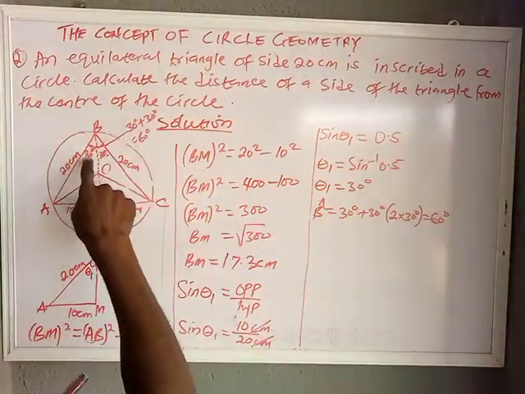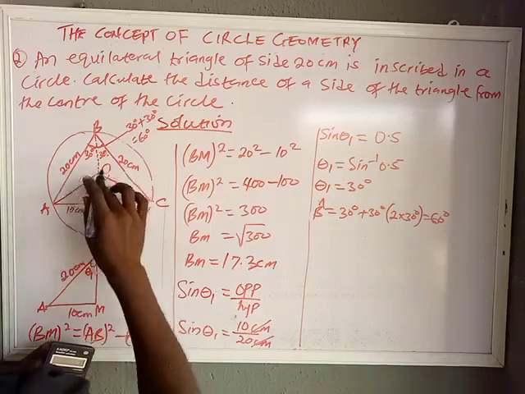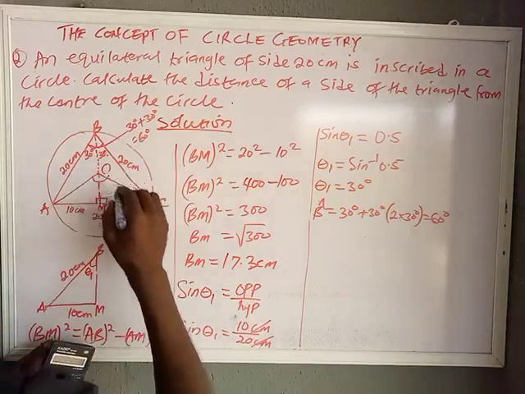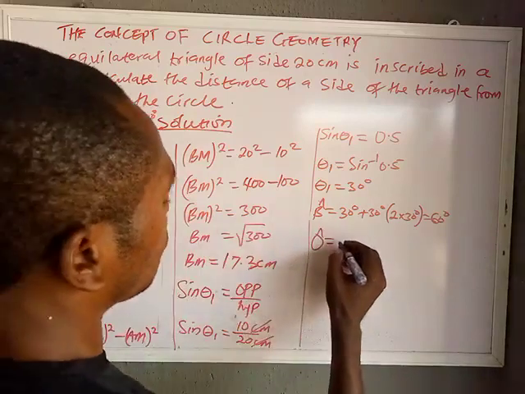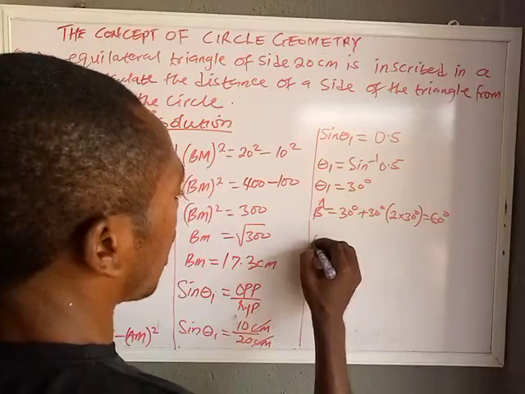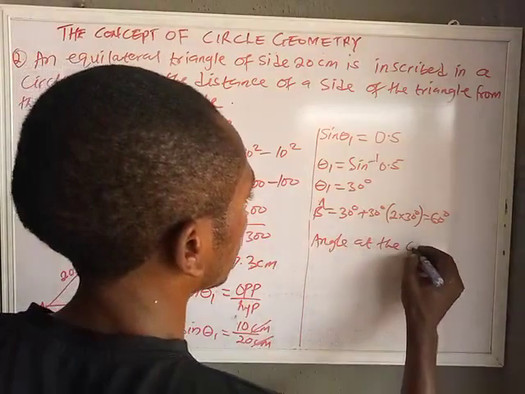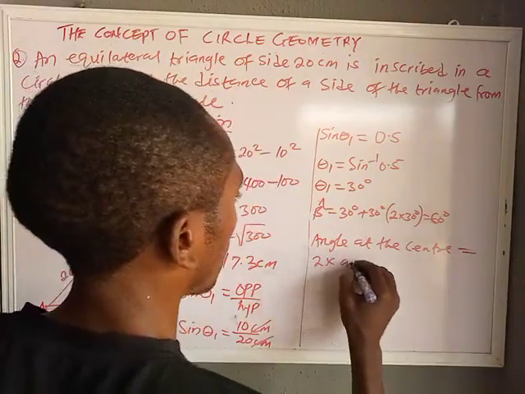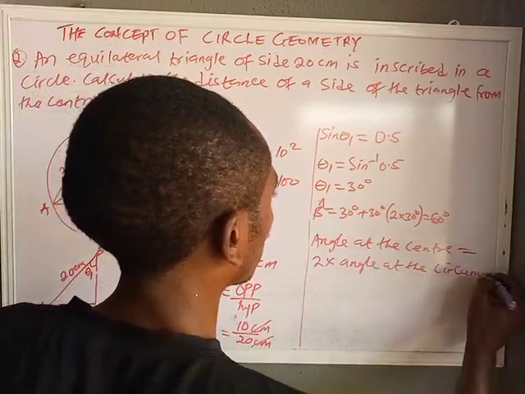So if I've gotten angle B at 60 degrees, we can get the whole of this angle. Angle O is equal to, we have a theorem that says the angle at the center equals twice the angle at the circumference.